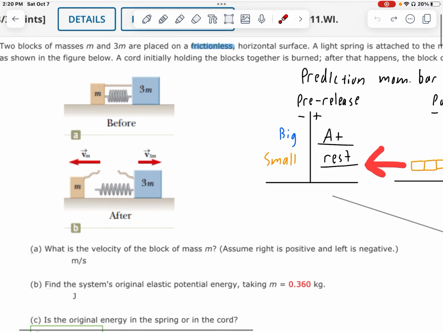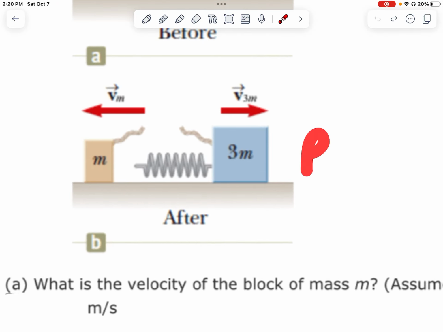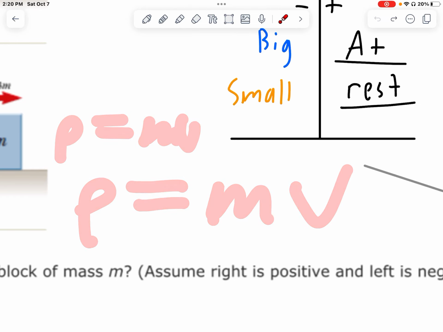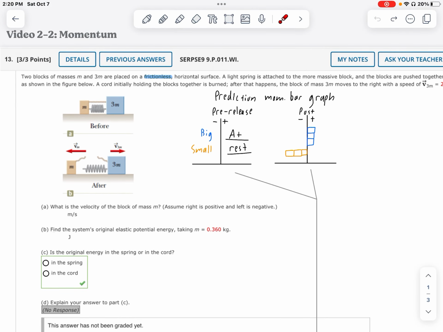Since block m is lighter than block 3m, we know that momentum equals mass times velocity, and the speed of the lighter block will be greater.